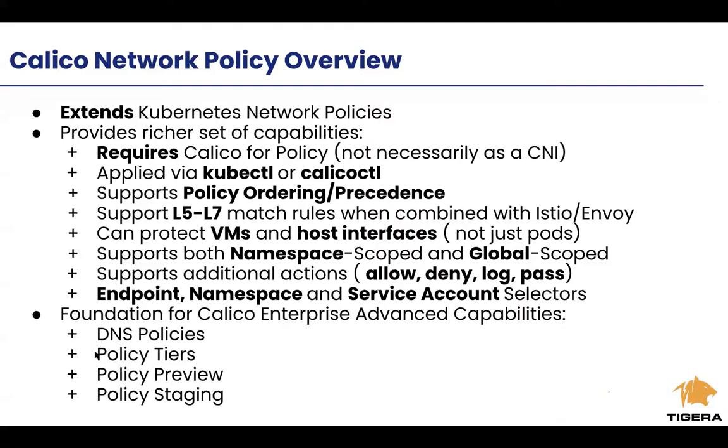We also have capabilities on how you can manage those policies with tiering, previewing the policies, ensuring that before you apply the policy you understand the impact of the policy, staging, and policy recommendations. So we have a long list of features and functionalities in Calico Enterprise that are based on Calico Network Policies.